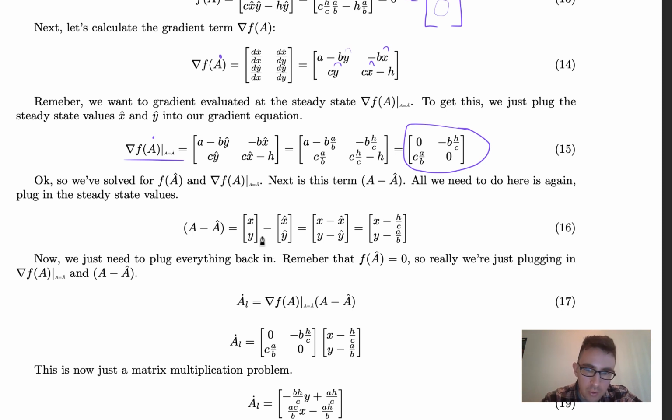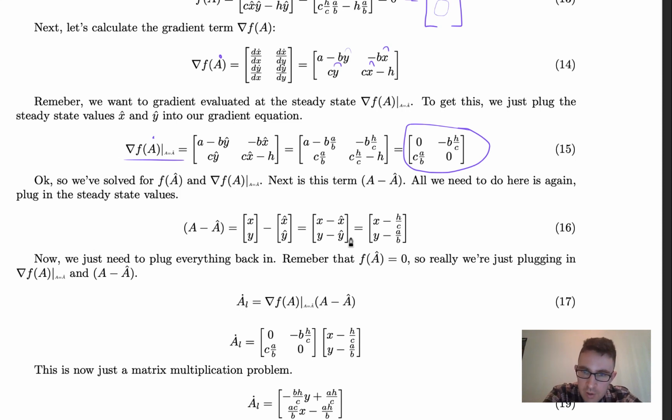We can just combine them together. Again, just some matrix arithmetic. Maybe you guys remember from your linear algebra class, if we have the subtraction of matrices, we can just write that as element-wise subtraction. So this subtraction of these two matrices is just equal to the column matrix x minus x hat and y minus y hat.